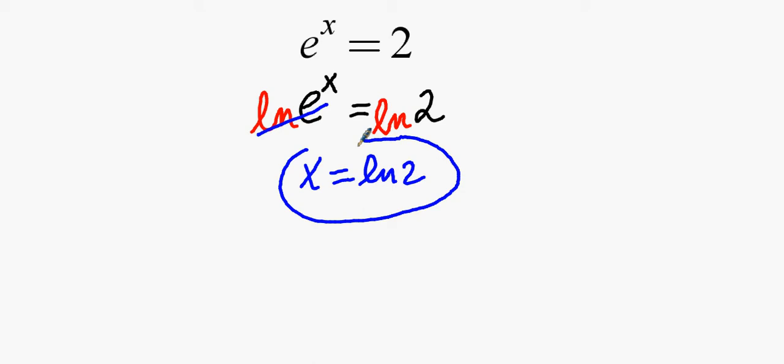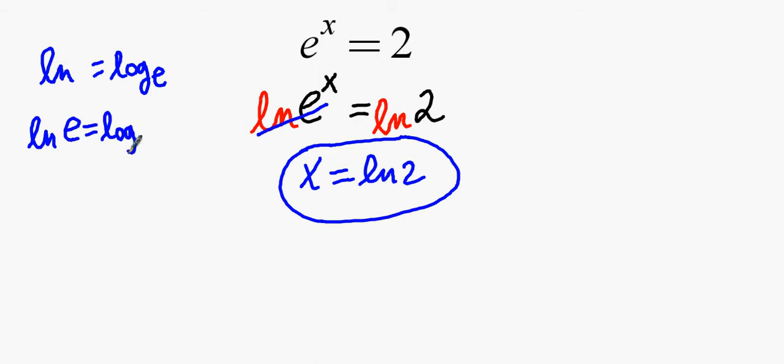Just as a little refresher, why does this cancel? When we write ln, that's the same as saying log with base e. So when we rewrite ln of e, that's the same as writing log base e of e. So we're asking, which exponent do we need to get from little e to big E?